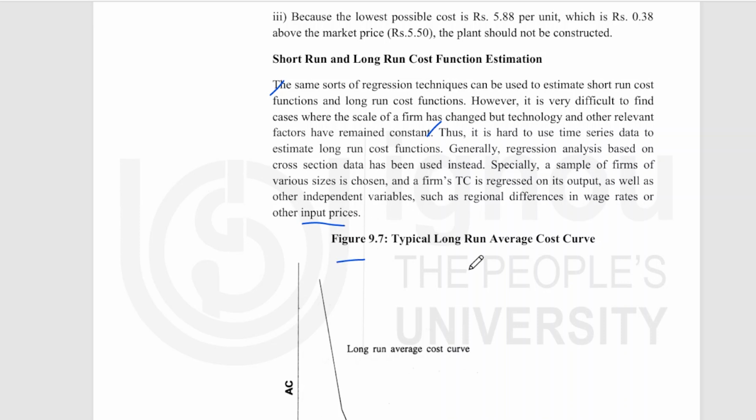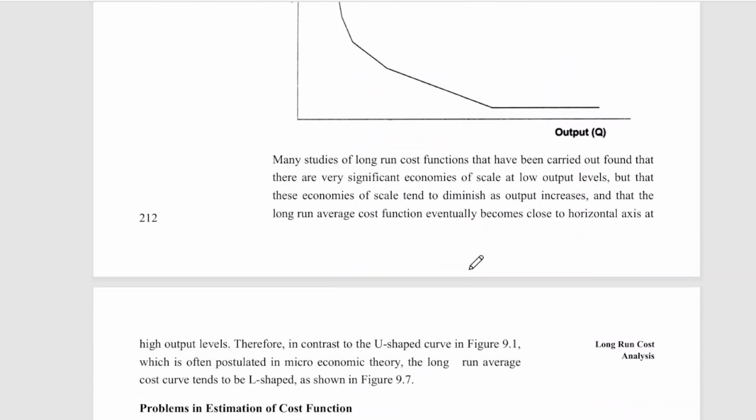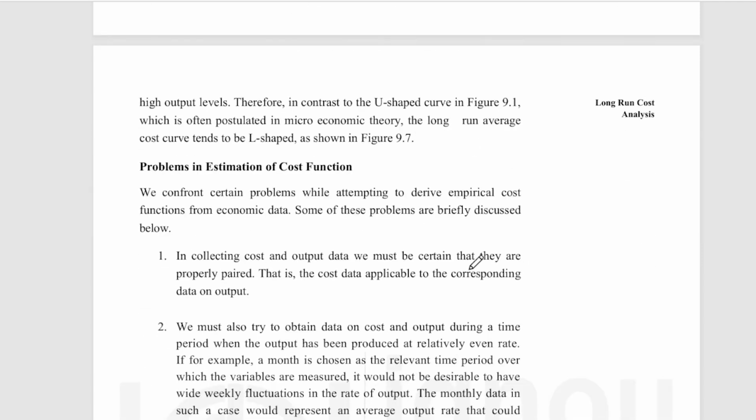And figure 9.7 is here, a typical long run average cost curve. Okay, and please go through your study material. Many studies of long run cost function that have been carried out found that there are very significant economies of scale at low output levels, but that these economies of scale tended to diminish as output increases, and that the long run average cost function eventually becomes close to the horizontal axis at high output levels.